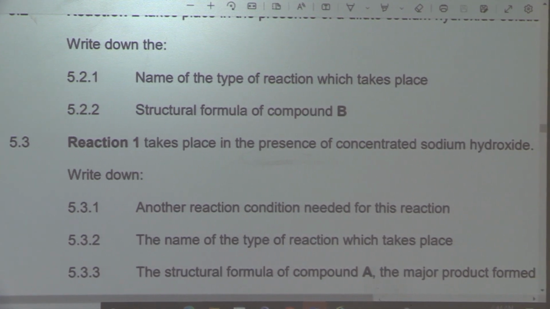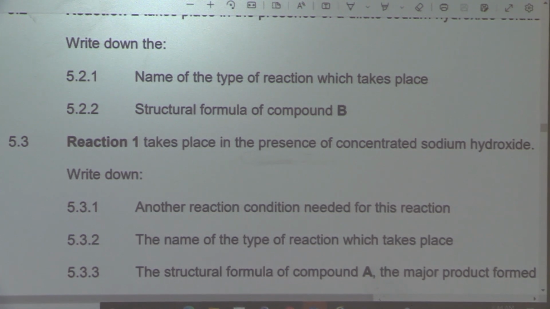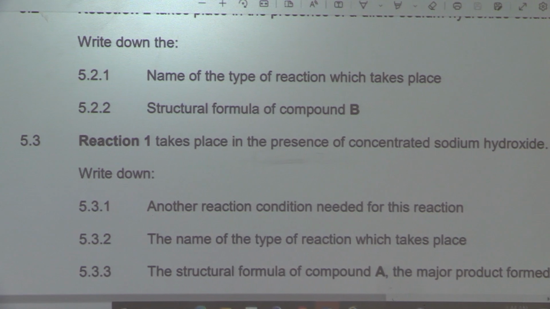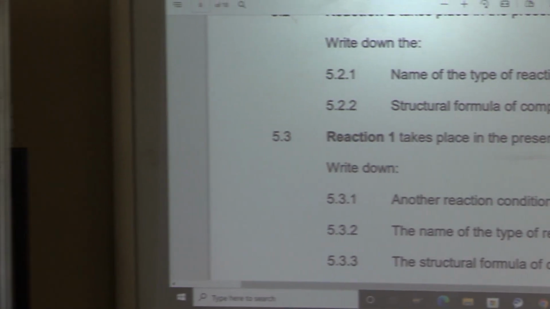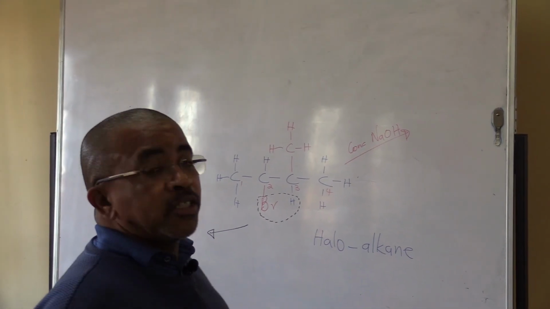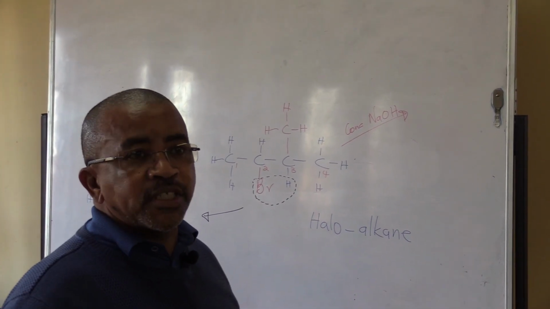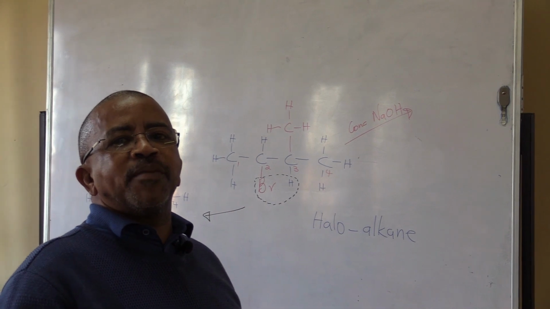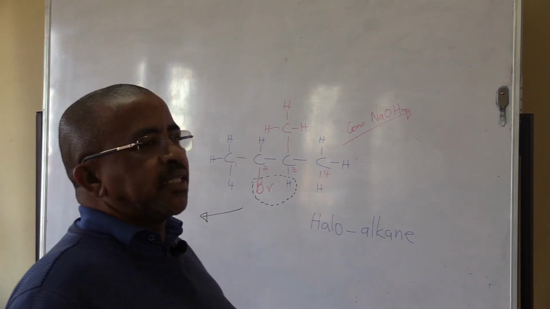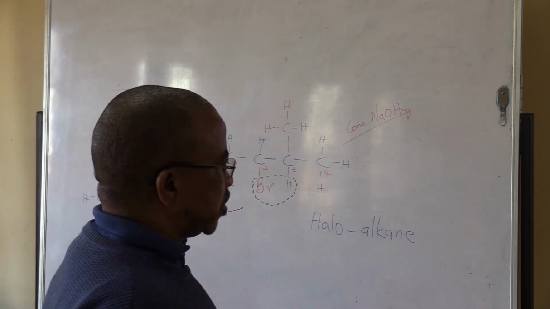When you write a condition, you must heat that solution. And you must not add water, because you will be diluting the sodium hydroxide. These are the two conditions. When you mix them, don't ever try to add water because you'll be diluting sodium hydroxide. Make sure that you heat the solution.